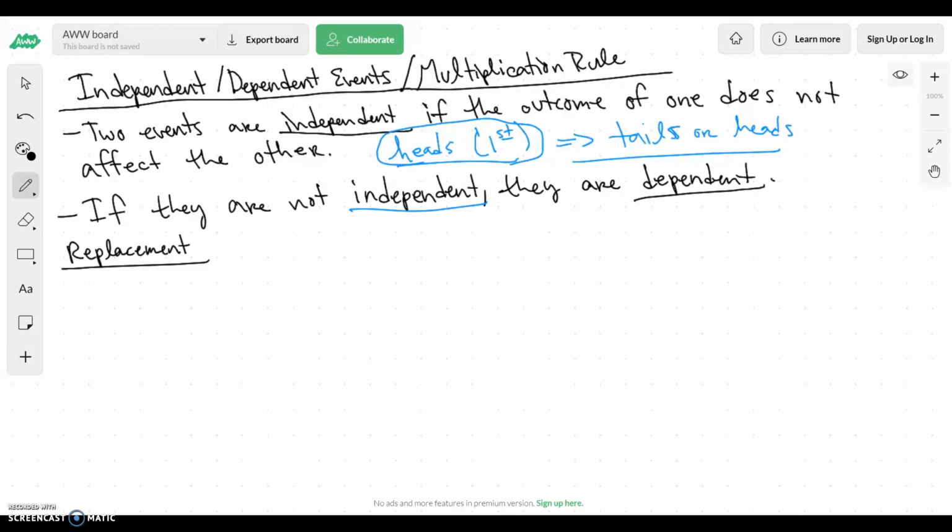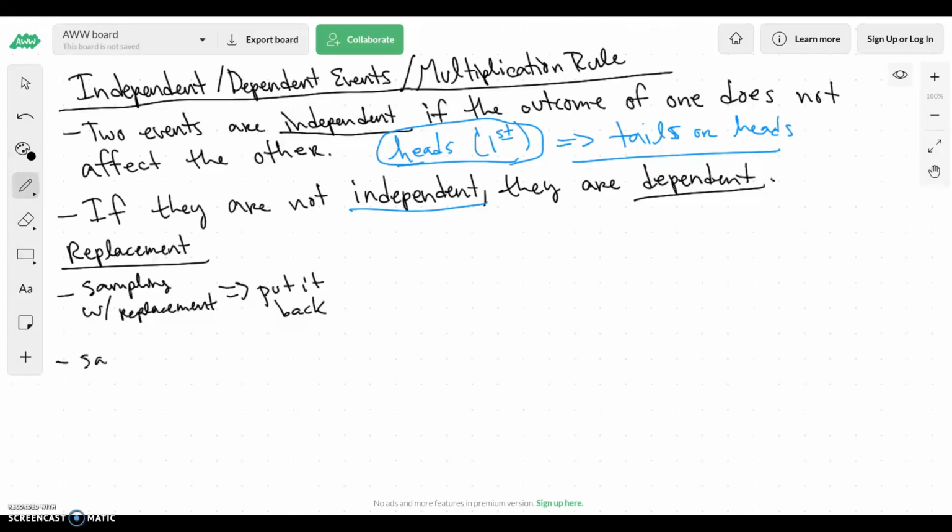Sampling with replacement means that I am replacing whatever object I got. Let me write it this way: put it back. If I am getting a particular object and I'm sampling with replacement, I literally just put it back.